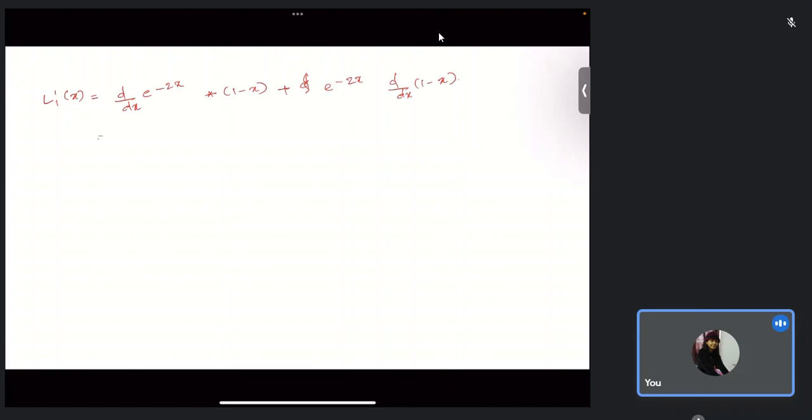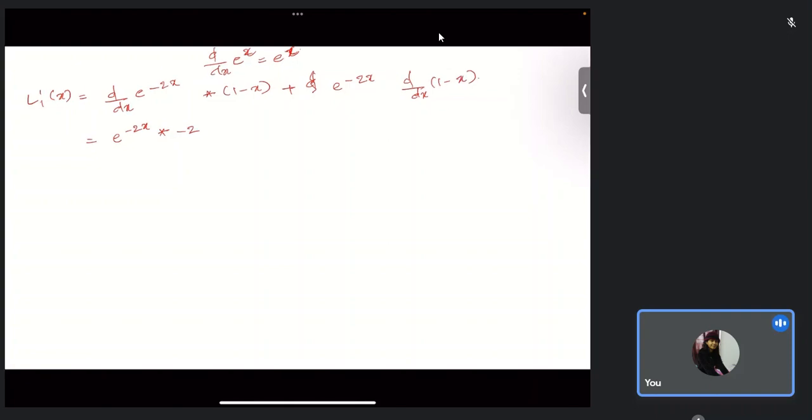The derivative d by dx of e raised to minus 2x is e raised to minus 2x into minus 2, because d by dx of e raised to x is e raised to x. Since the exponent is another polynomial, we have to differentiate that and multiply it with the differential of the exponential function.